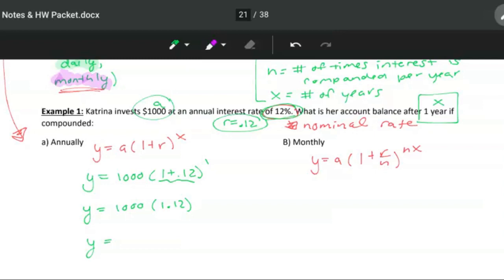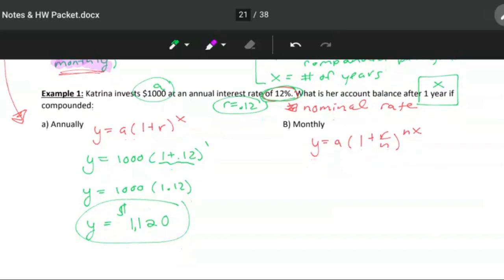So it would just be 1,000 times 1.12, and you'd get 1120, or in other words, $1,120. She was investing the $1,000, put it in the bank for a year, and made an extra $120. So not bad.